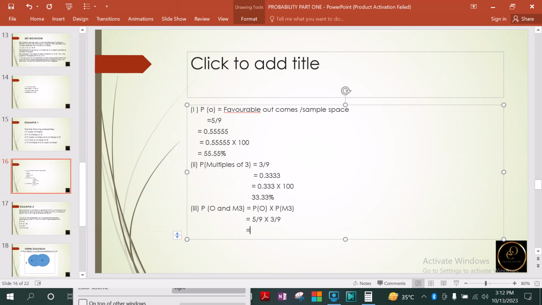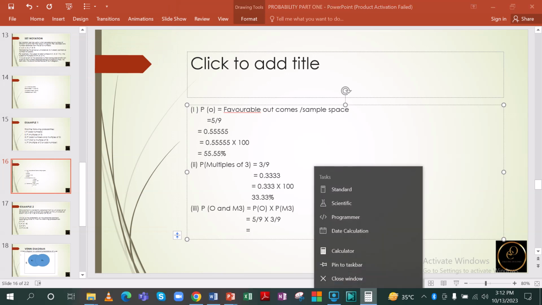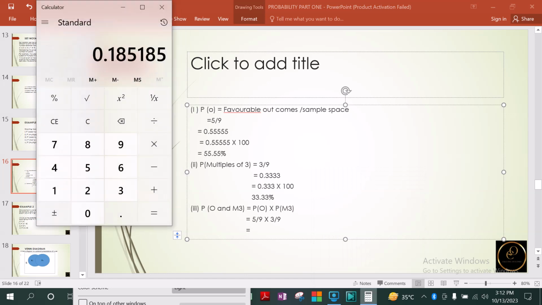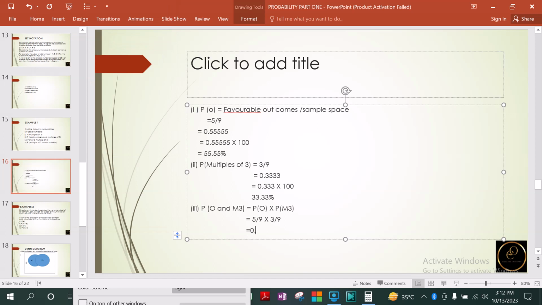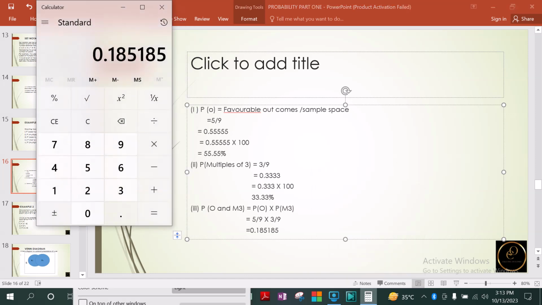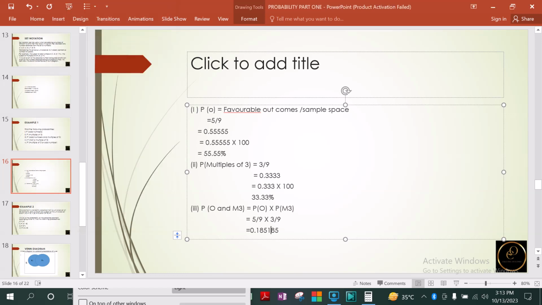Roughly, that gives you 0.185185. That will be the probability.